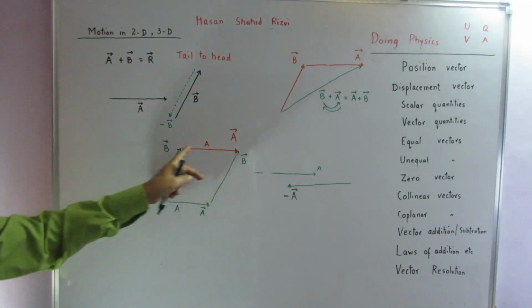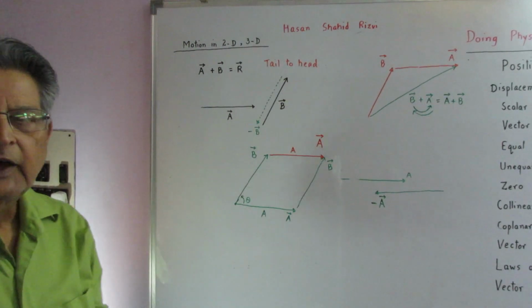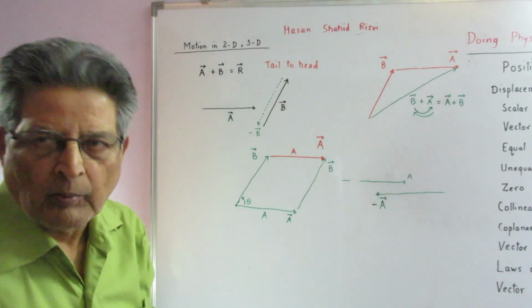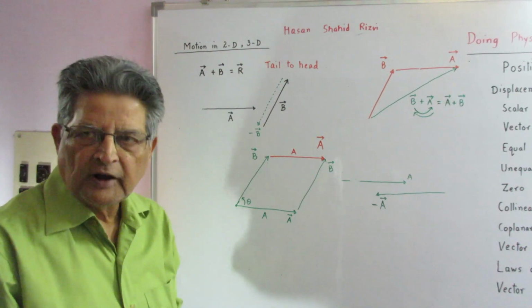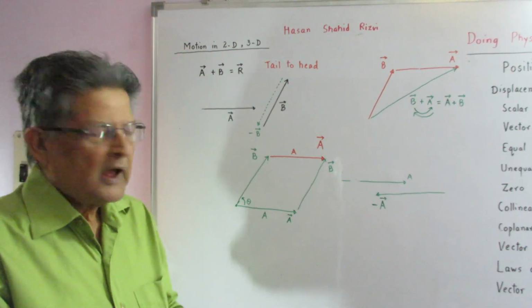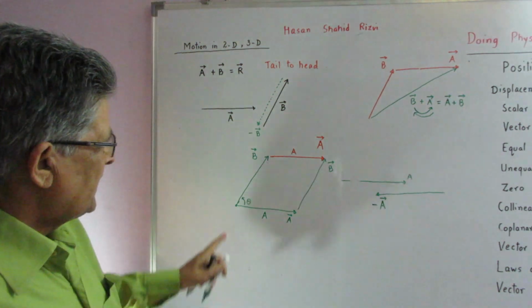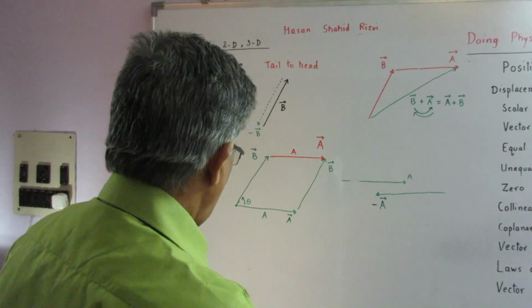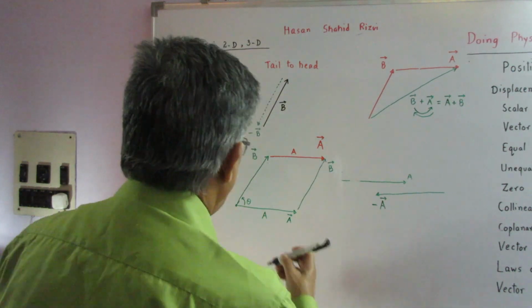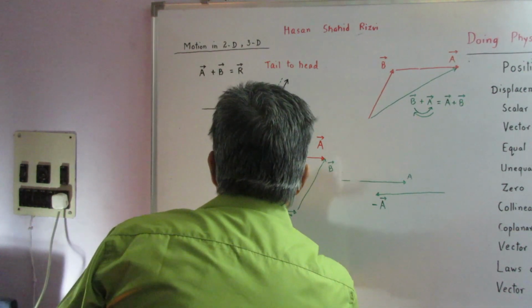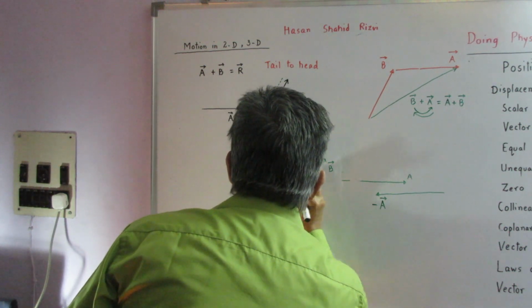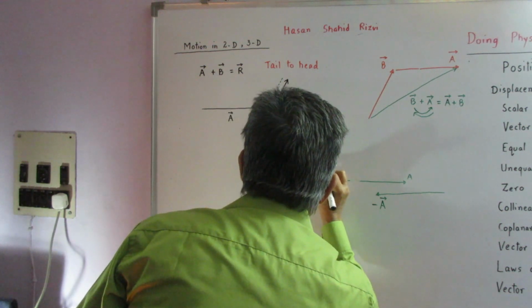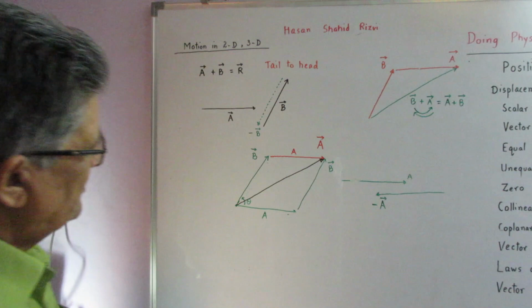So the figure that we obtain over here is a parallelogram, and the parallelogram has a starting point. From this point there is a diagonal.